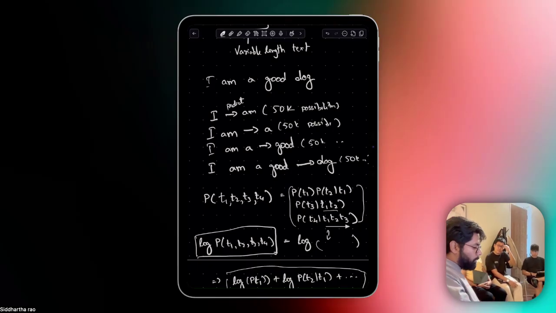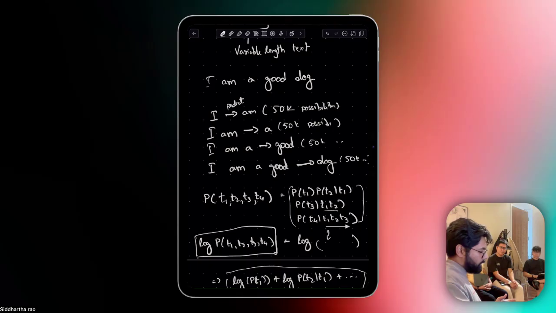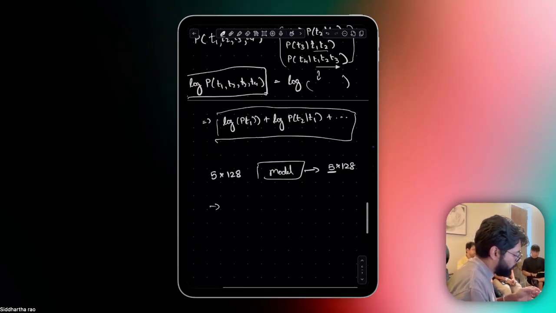So when we are processing this sentence, we have these time steps, each predicting a distribution over 50,000 tokens, which is the probability assignment.